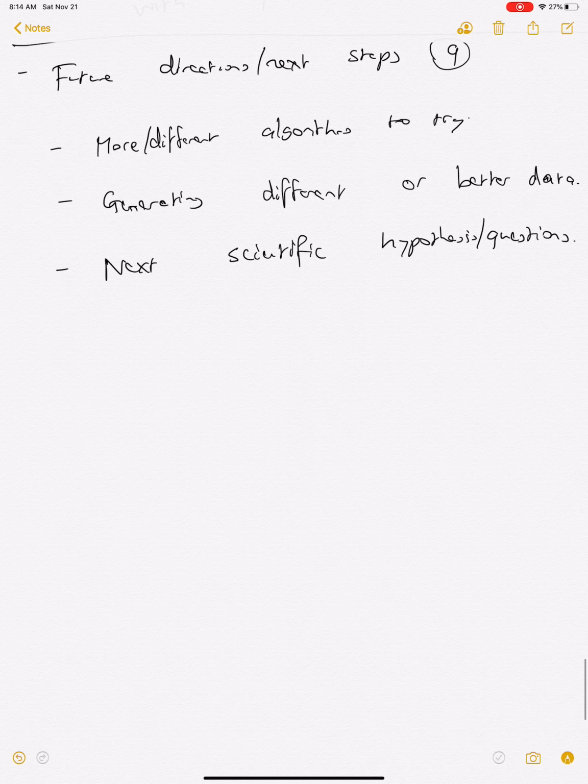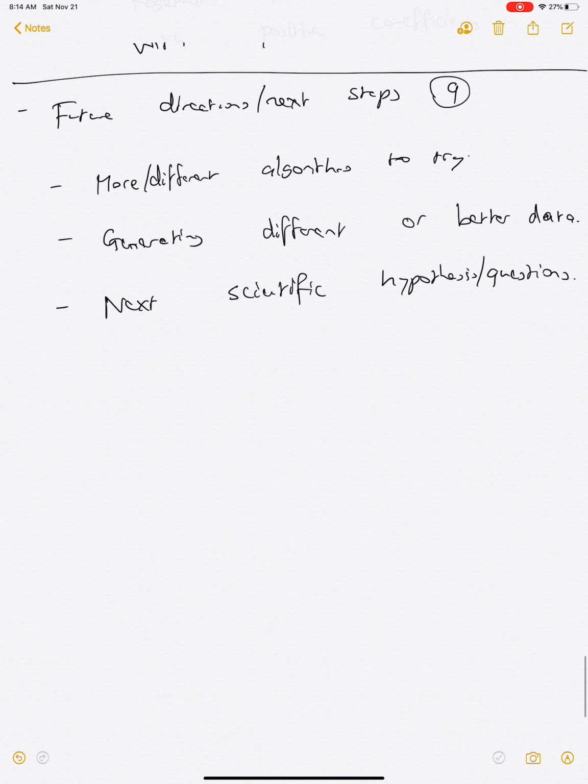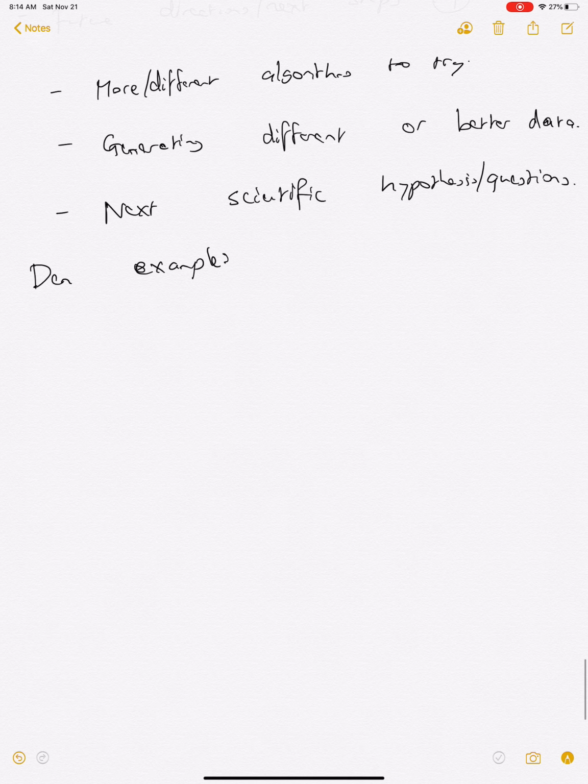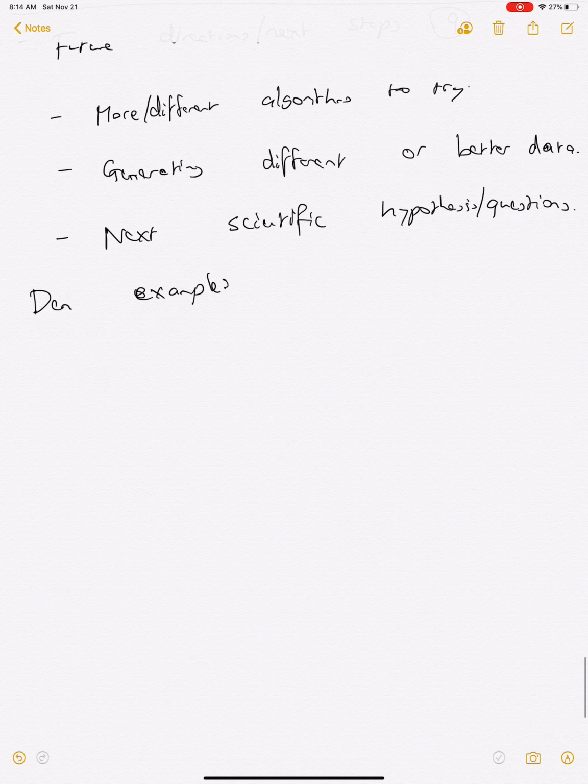Okay, so I just want you to address all of these three points when you're talking about future directions. Just in the demo example here, I'll talk about how I might try to address those. I'm going to go through it quickly because we only have about 5 or 10 minutes left.